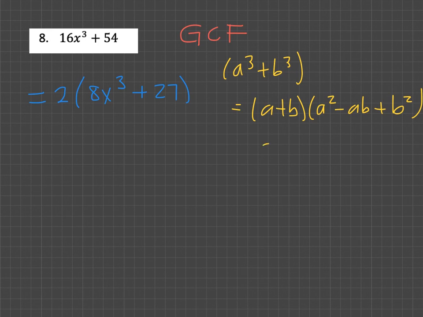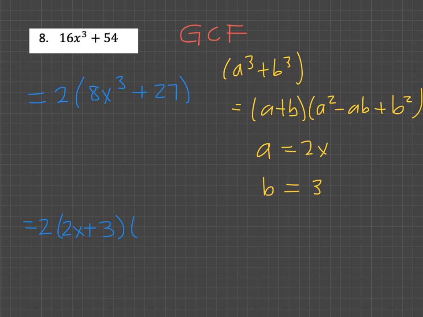So if we identify a and b, so 8 is 2 cubed, so a is just 2x. So then if we cube that, we would get 8x cubed. And 27 is 3 cubed, so b is 3. So the 2 comes along, and in the first set of parentheses we want a plus b, so that's 2x plus 3.